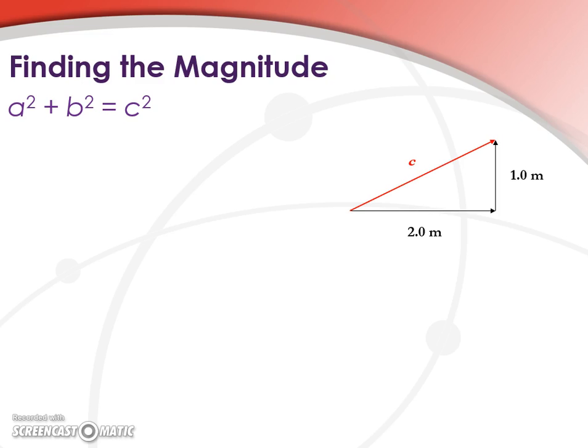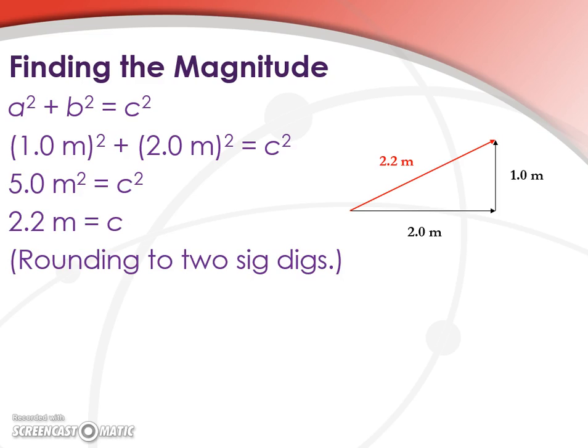So c is the resultant vector, or the magnitude of the resultant vector. 1 meter squared plus 2 meters squared equals c squared. C equals the root of 5 meters squared, or 2.2 meters, rounding to two significant figures. So, a pretty easy problem.